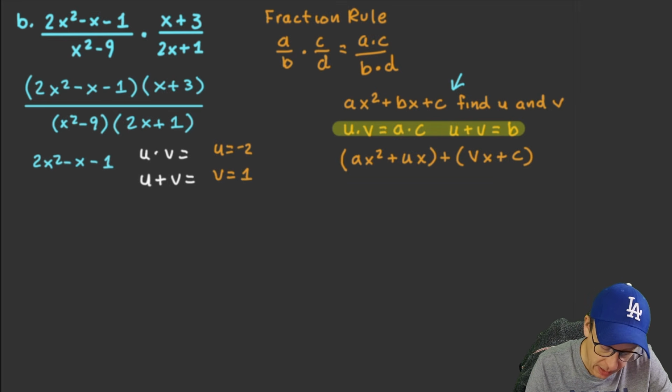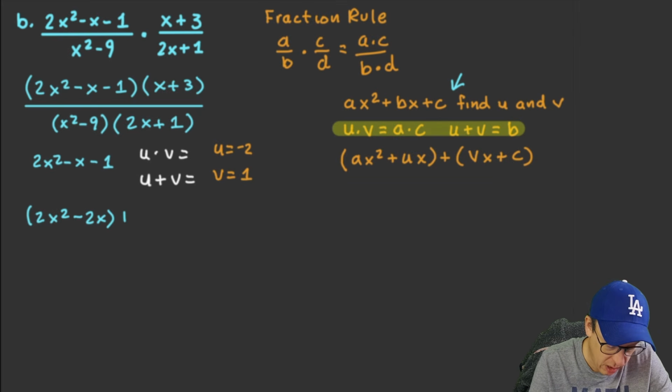So noting that and utilizing this formula, this then is going to give us 2x squared minus 2x plus x minus 1.